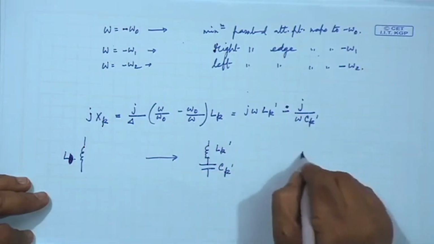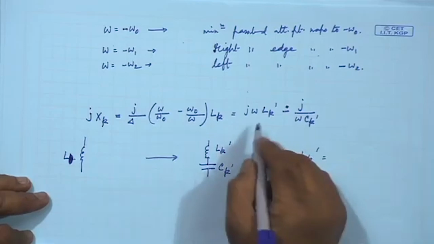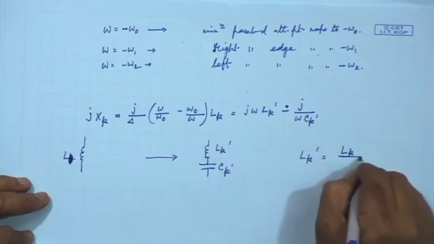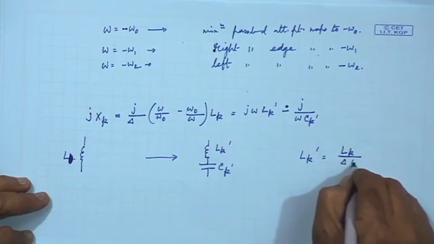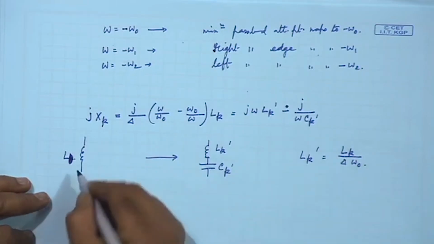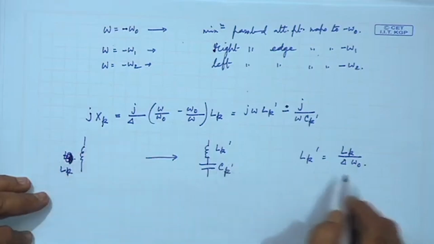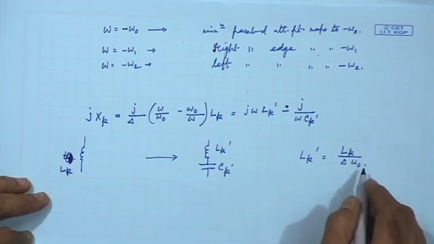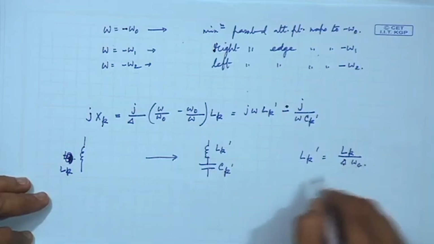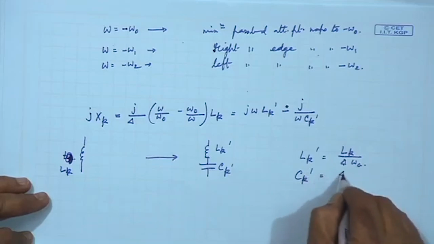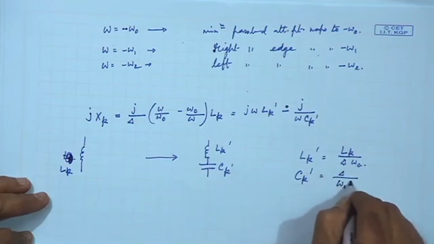And what is the value of this Lk dashed? If you just compare, Lk dashed is Lk by delta omega naught, that is, Lk into omega naught, and Ck dashed is equal to delta by omega naught Lk.